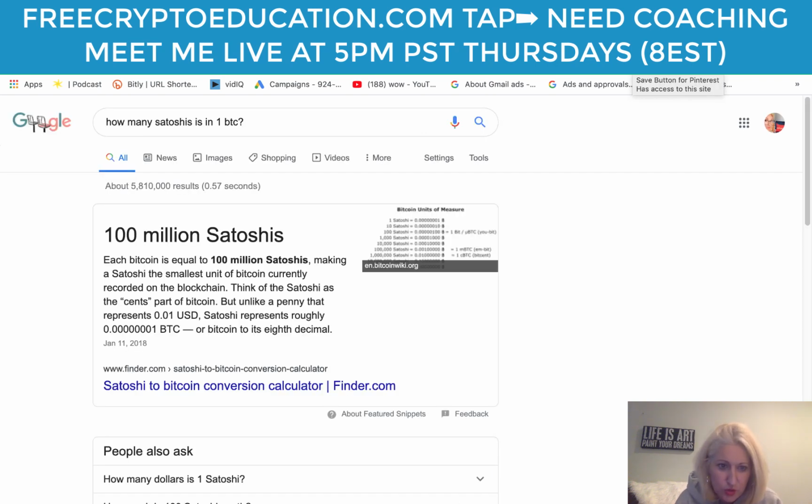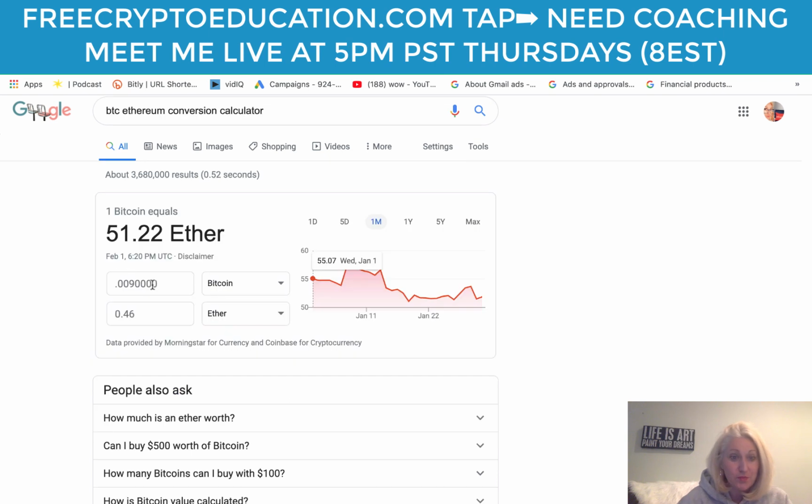So it's kind of like 100 cents are in $1. So 100 million Satoshis are in 1 Bitcoin. And hopefully that will help you understand. These exchanges don't always put the extra digits behind the decimal point, and so they usually leave out the zeros on the back end. So make sure you put those in so that you know exactly what you're spending.